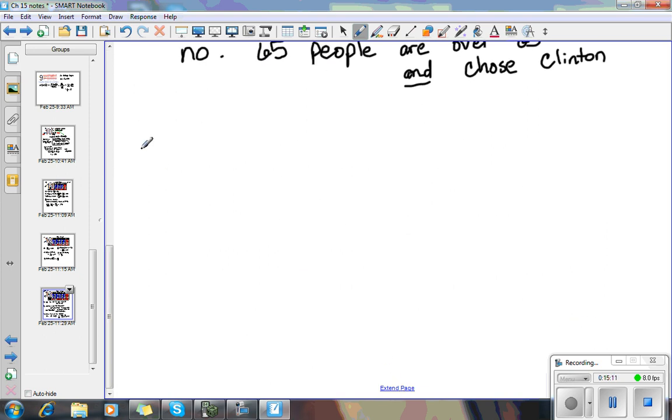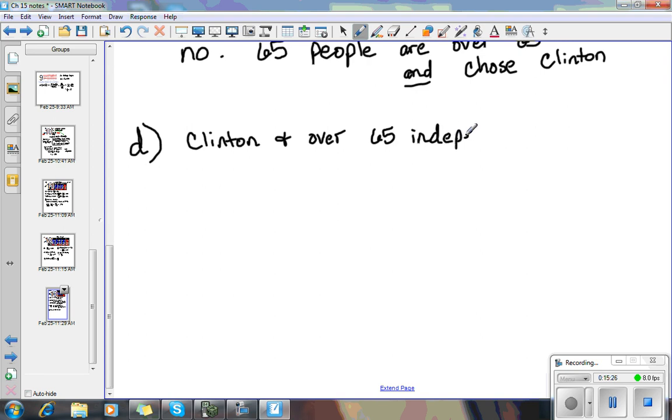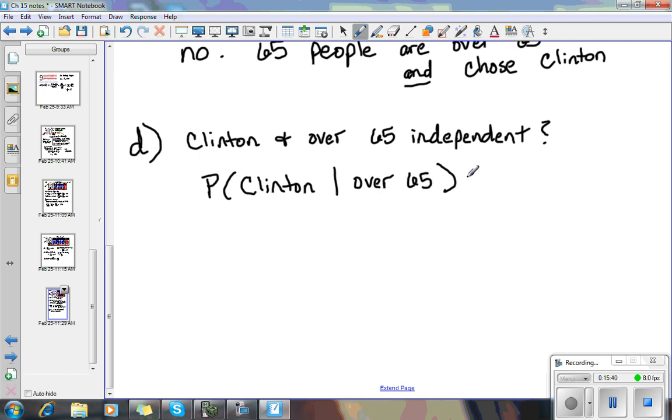And one last part, part D, are answering Clinton and being over 65 independent? So let's check this. Let's see if the probability of choosing Clinton, given they're over 65, is equal to the probability that they chose Clinton.